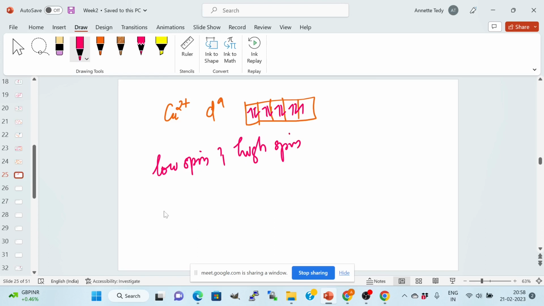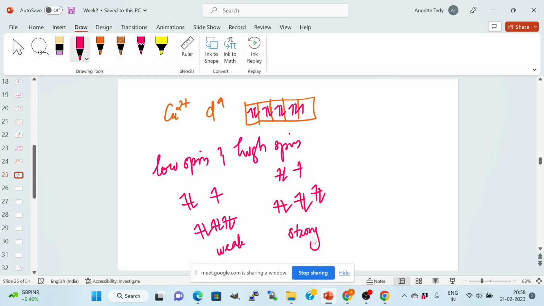For example, if I say I am having a high spin complex of copper with water, 1, 2, 3, 4, 5, 6, 7, 8, 9. This is with weak field ligand. Now if I have a strong field ligand with copper, then I'll pair my electrons first. This is the same, right? So here for d9 there is nothing called low spin or high spin.